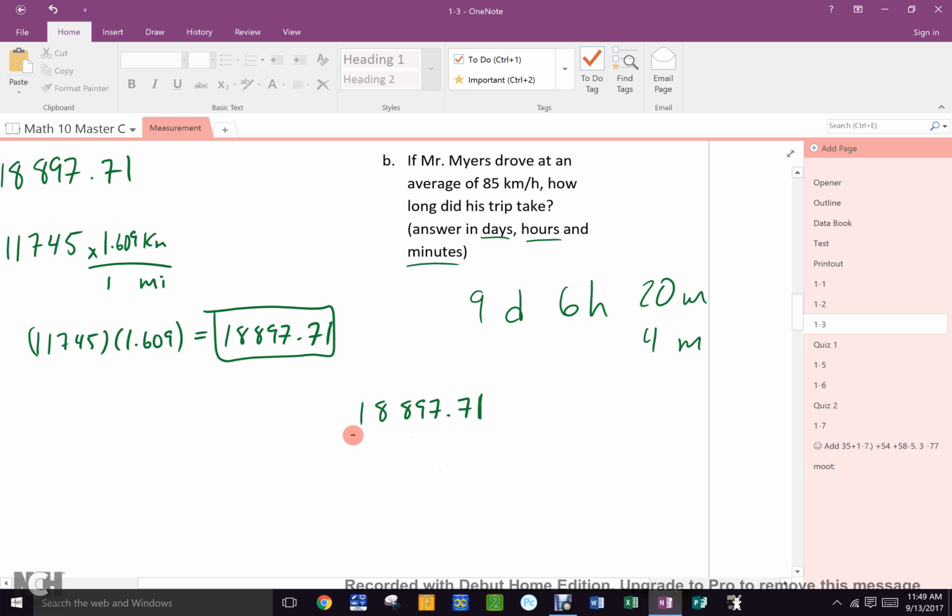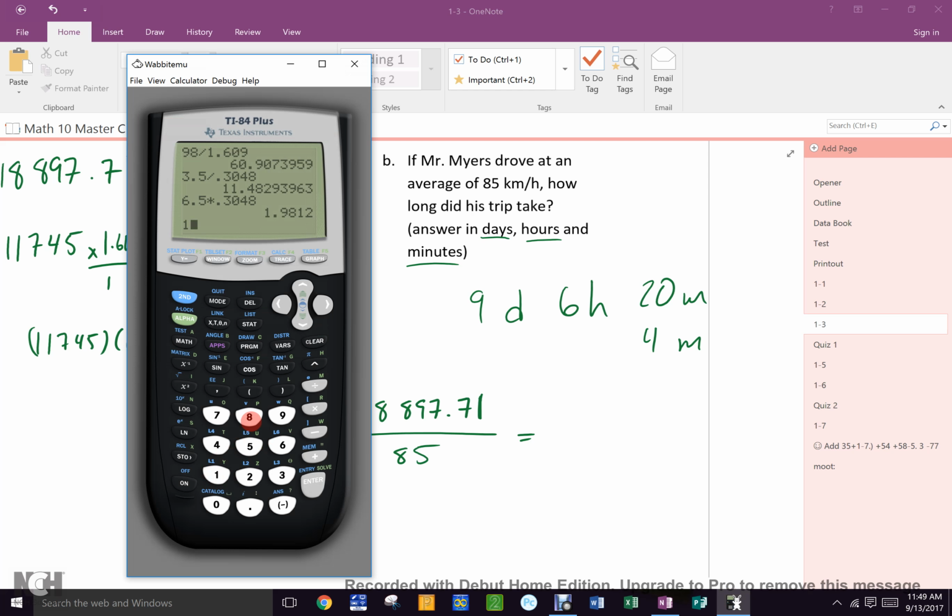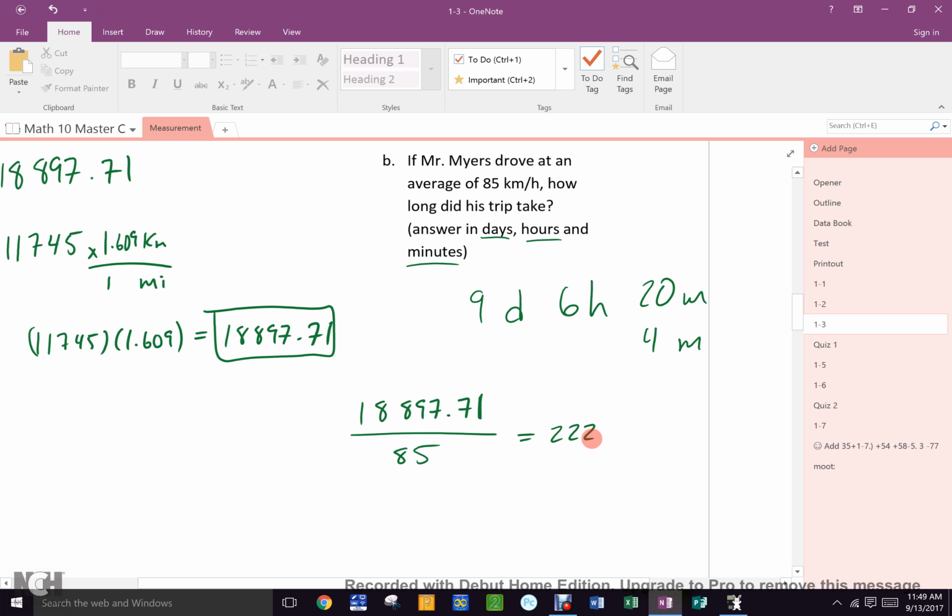And then he divided it by 85, which got him a number. 18,897.71 divided by 85, because, of course, he was looking for the hours driven. 222.326.